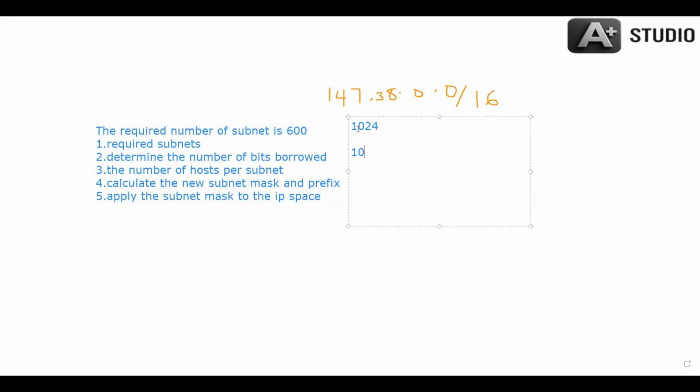With question 3, what did we also get? 64 for question 3. Question 4, what did we also get from there? 255.255.255.192.